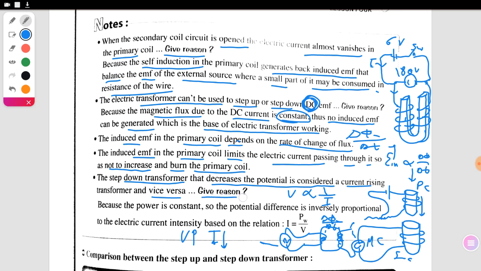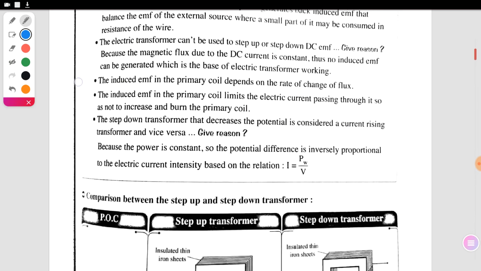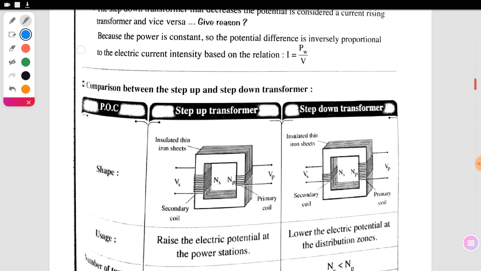This is a give-reason question. Because the power is constant, the potential difference is inversely proportional to the current intensity based on the relation I equals power over V. I and V are inversely proportional to each other.